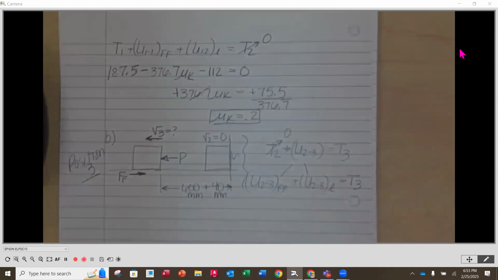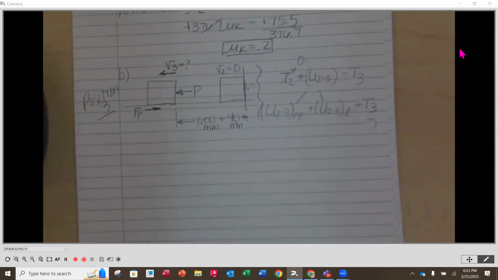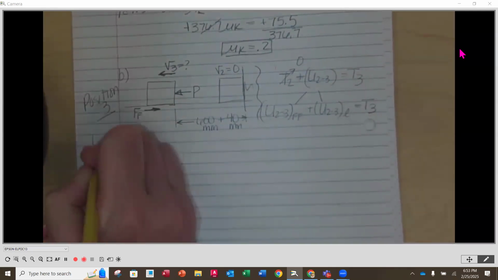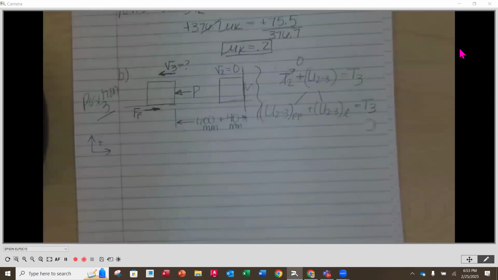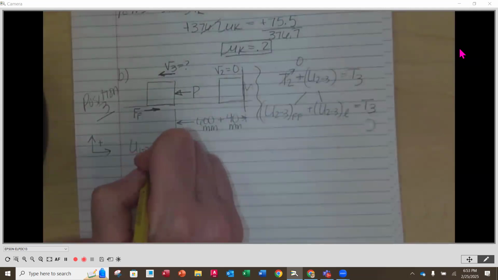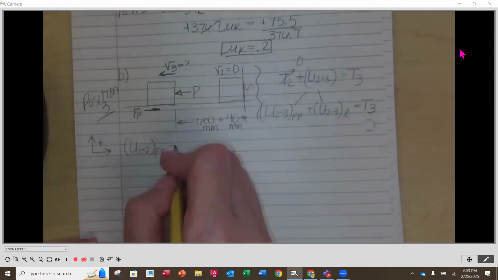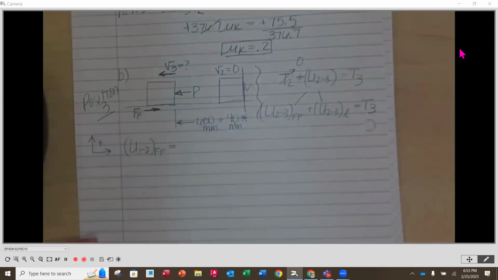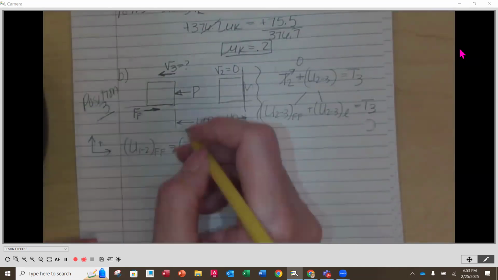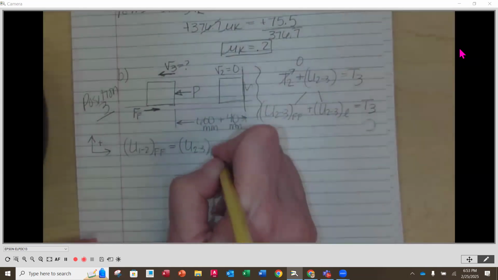Now, we can make some assumptions based on the work that we just did from position 1 to 2. I'm going to put my convention back in place, where to the right and up is positive. I can say that the work from 1 to 2 due to the friction force is going to be the same magnitude as work 2 to 3 friction force.